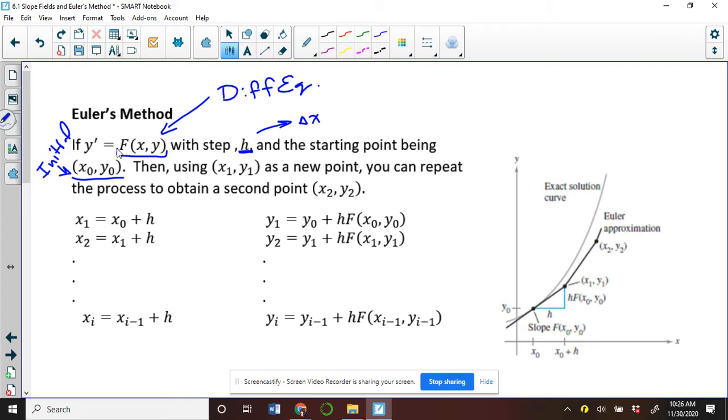To find your x coordinates, you're just going to add the change in x to each point.